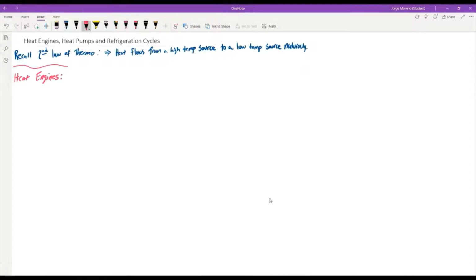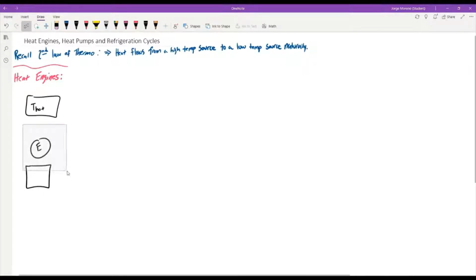Okay, so heat engines, these are devices which exchange heat between two temperature reservoirs. So I'll draw this schematic out for you. Okay, so this is our schematic here.